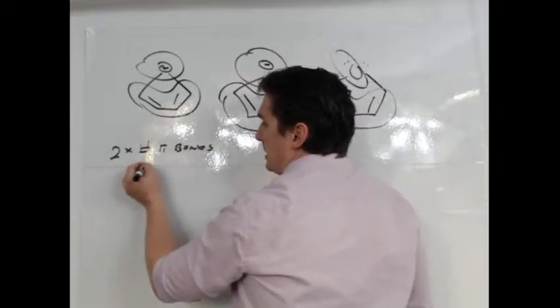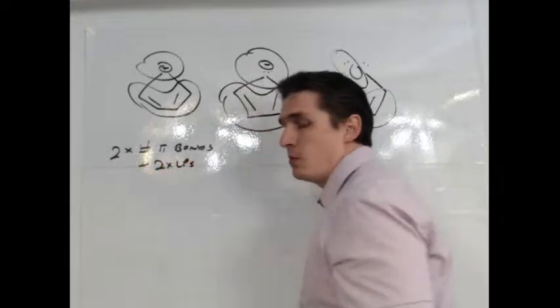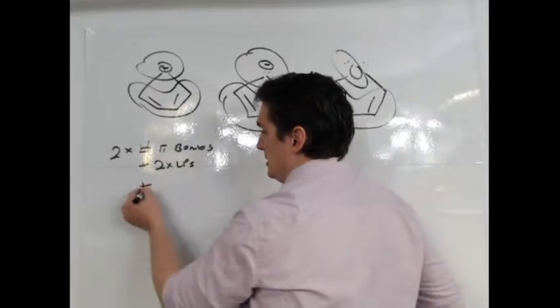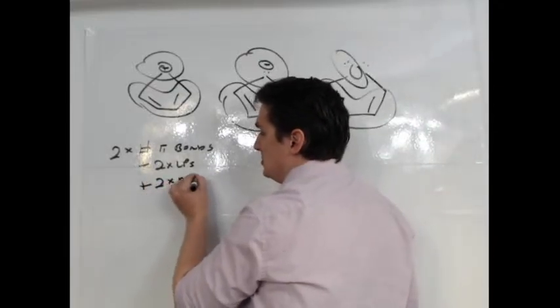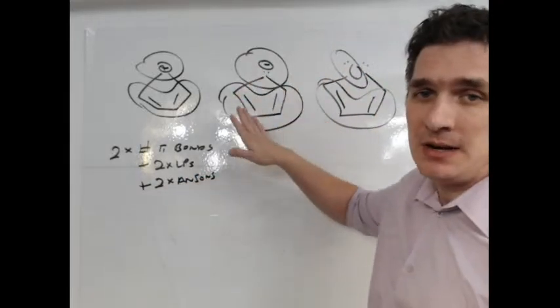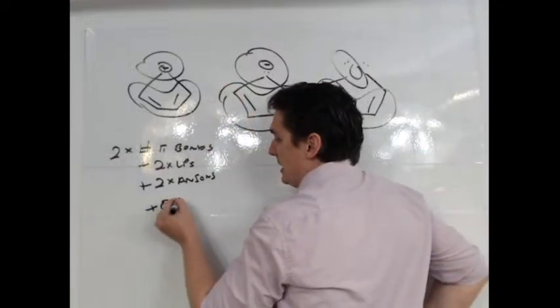So it's 2 times the number of pi bonds, plus the number of lone pair electrons, plus 2 times the number of anions I'm using. If I'm using an anion to bridge these alkenes, I'm going to count that towards it. And then 0 for cations.